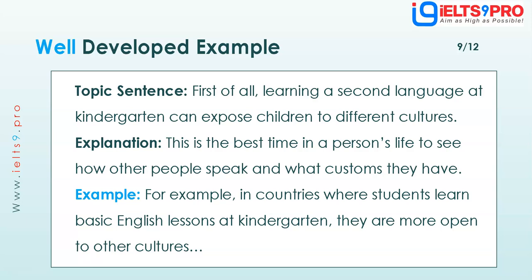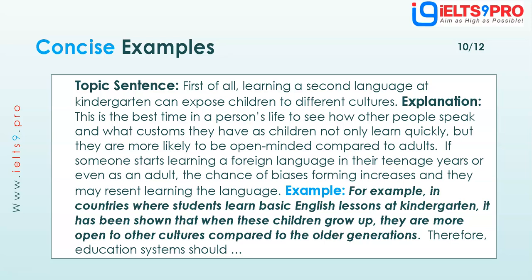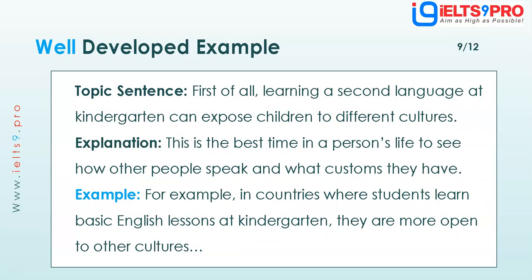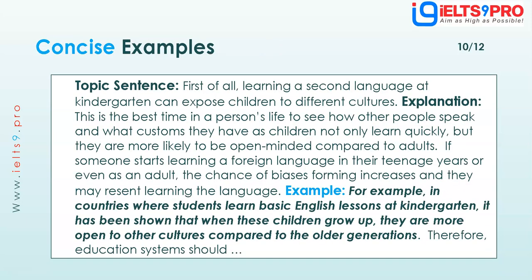If you take a look at the official criteria, it's always talking about development of your ideas. So this is what that means, essentially, if you're not sure. So here you can see your topic sentence, explanation, and you have a concise example. I won't read it out word for word. You can see the one before. So that's the first one, the second one.